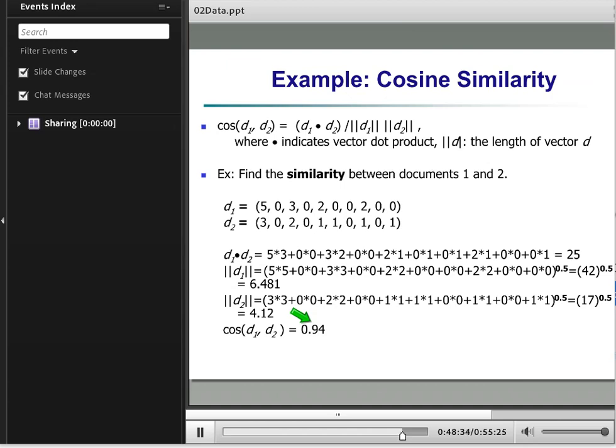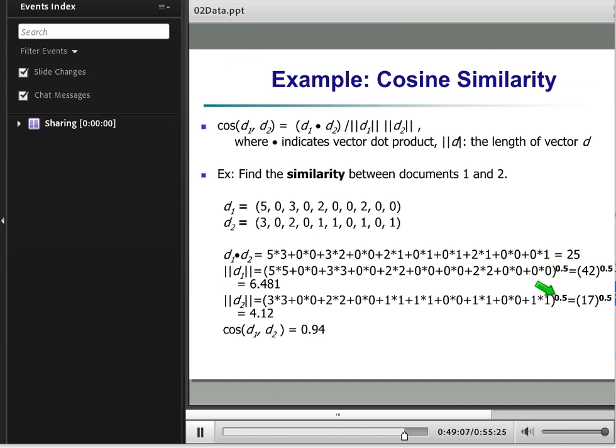This is an effective and easy way to find the distance and similarity between different documents. This is very important. This way is very simple. You can see that most of the calculations are just simple multiplications or summations. Just here, we use a square root.